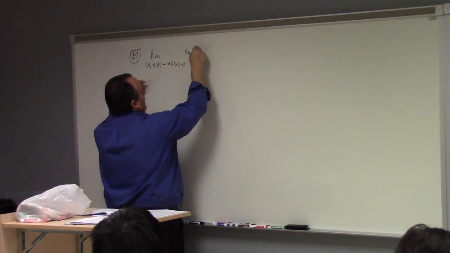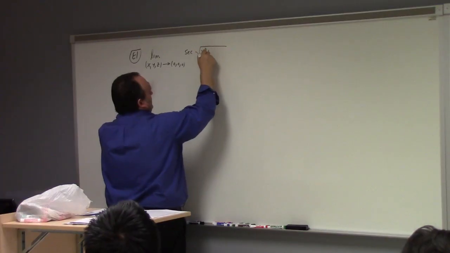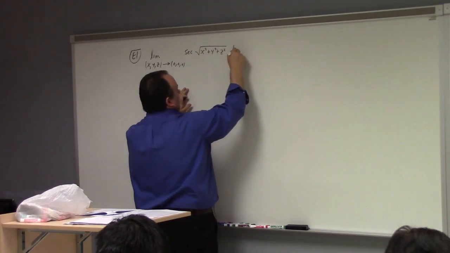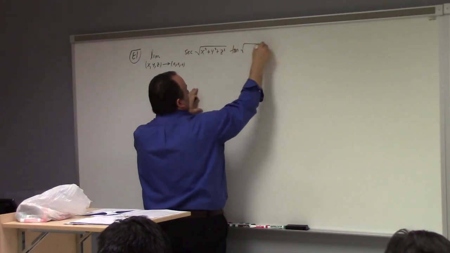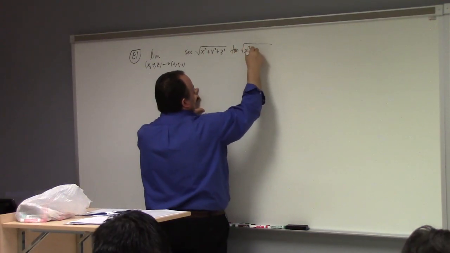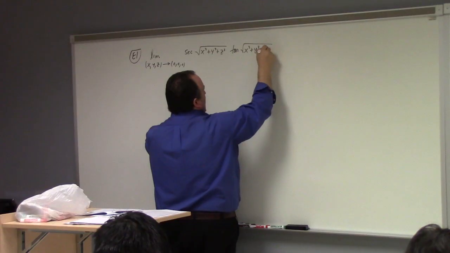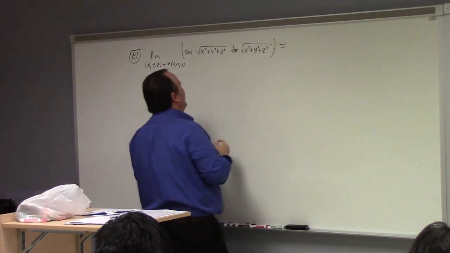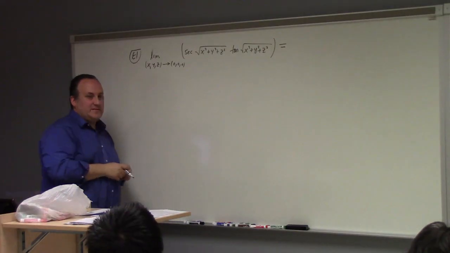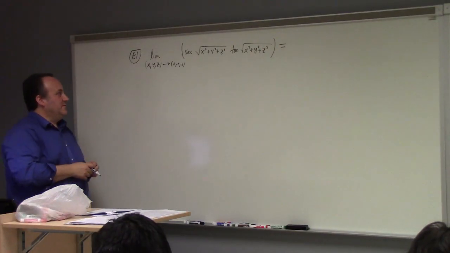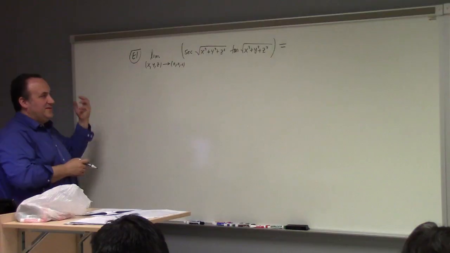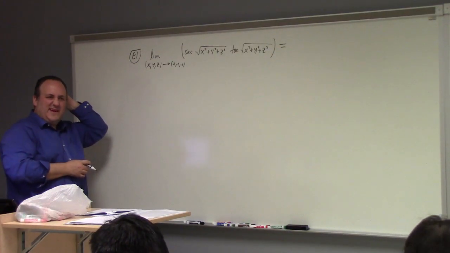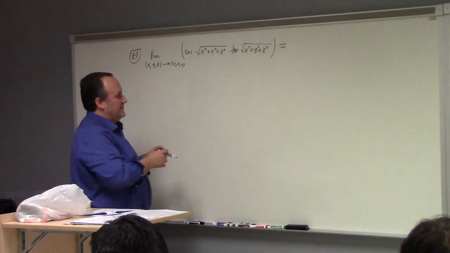Secant of the square root of x squared plus y squared plus z squared times the tangent of the square root of x squared plus y squared plus z squared. I just made this up, so it may blow up in my face. I haven't taught Calc 1 lately, so I don't know. This could be interesting or not interesting. We'll see. So here, this is pretty much tailor-made for doing what? Yeah, we should use a spherical change of coordinates, right?